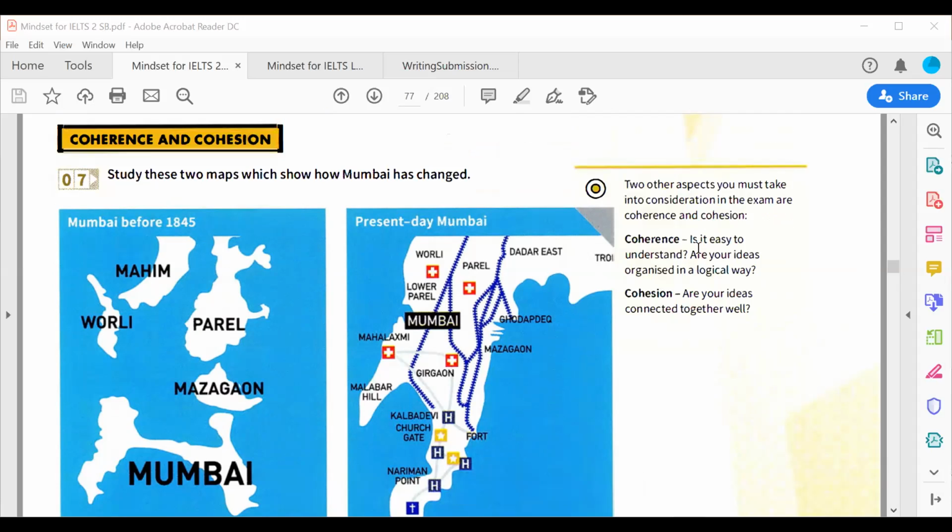It says that coherence is, is it easy to understand? Are your ideas organized in a logical way? So if you go to the different parts and it would be hard to understand what you have written about, you will lose more marks for this. But the easier it is to understand and the more logically it is organized, you will get more score.